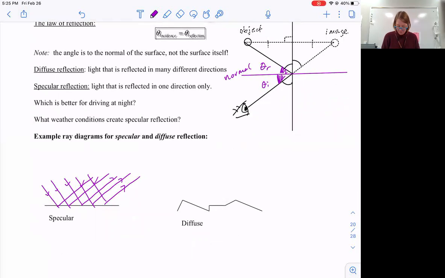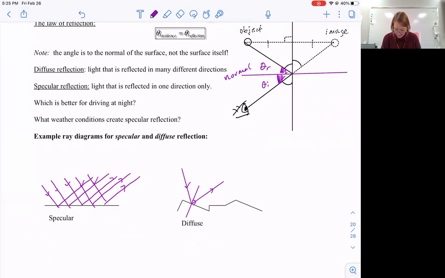What if the reflector is rough? It creates diffuse reflection. We still have the law of reflection, so there's a normal. So if a light ray comes in like that, we still obey the law of reflection.